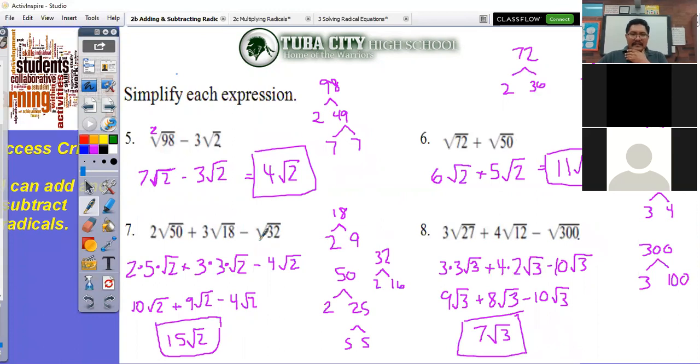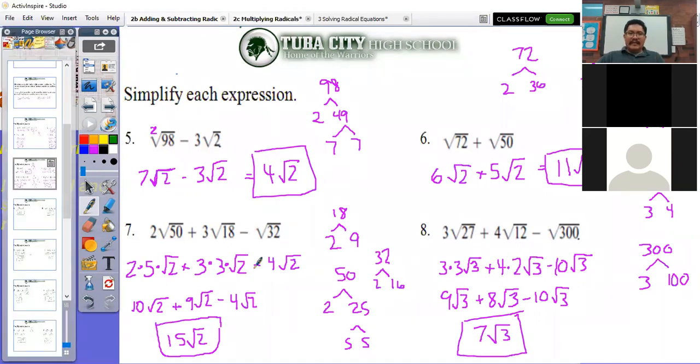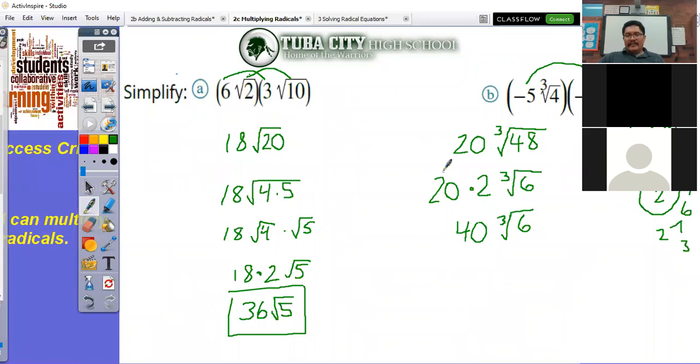I know this was a while back, but I think this is a pretty good example of when we took this out. Certain things come out and there are already numbers on the outside, so when you simplify them, it can increase your other numbers. But in this case, it looks like there's nothing else we can do. So I'm going to go ahead and box this up and call it the answer.